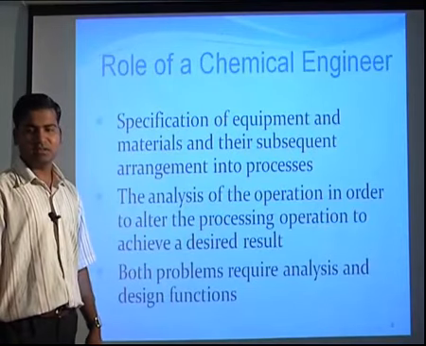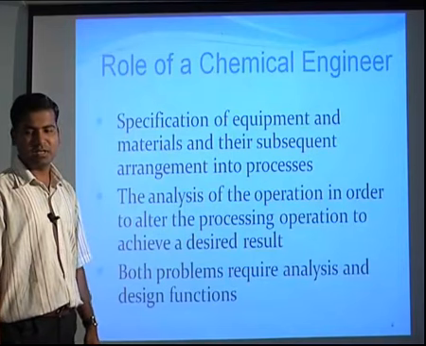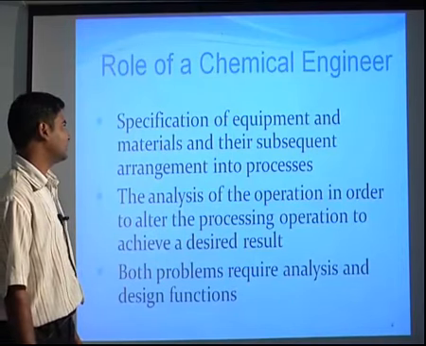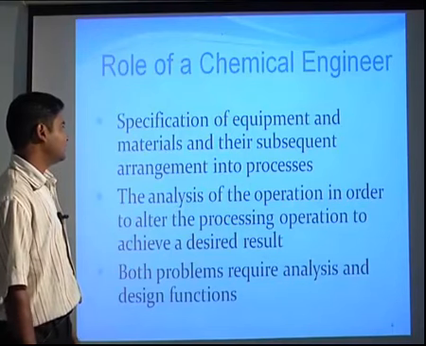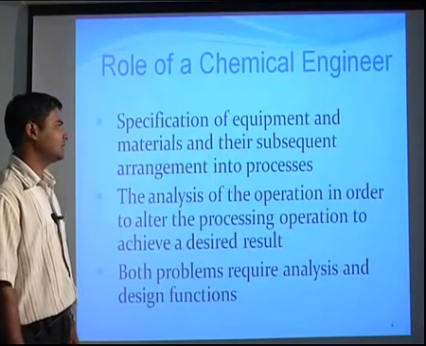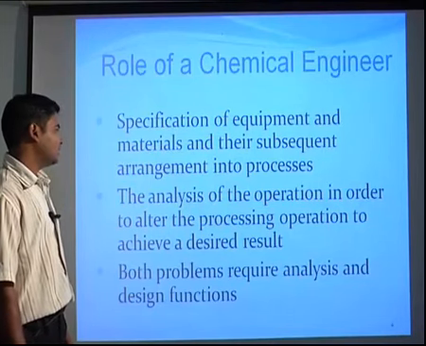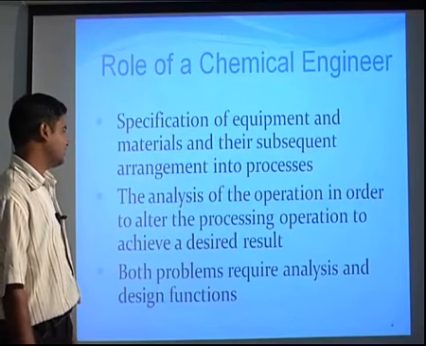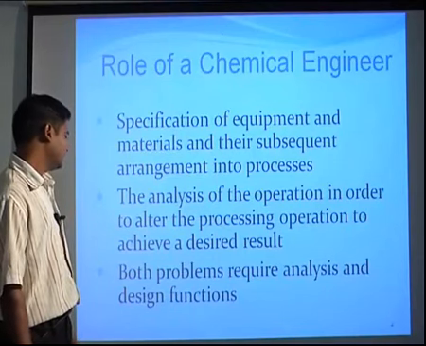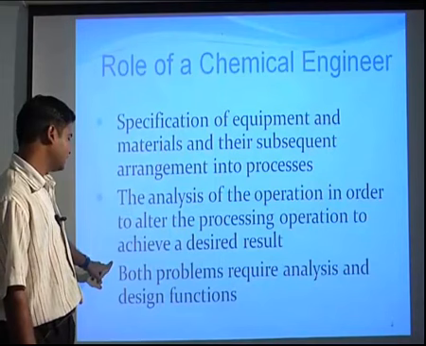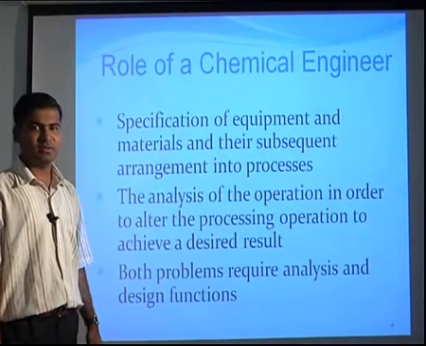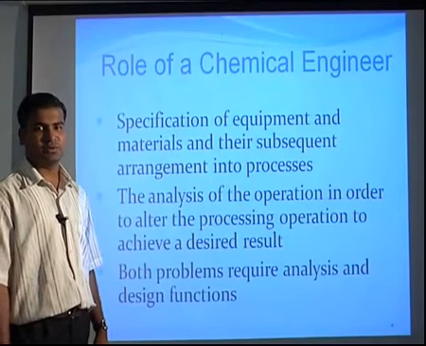Then, as we discussed in the last class, the role of the chemical engineer. We will discuss it shortly. A chemical engineer has to specify the equipment and the materials and their subsequent arrangement into a process. They have to analyze the operation in order to alter the processing operation to achieve a desired result, and both problems require analysis and design functions. In short, a chemical engineer has to analyze the problem and find the solution.